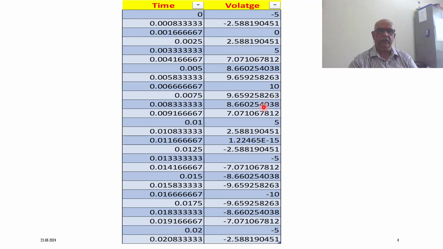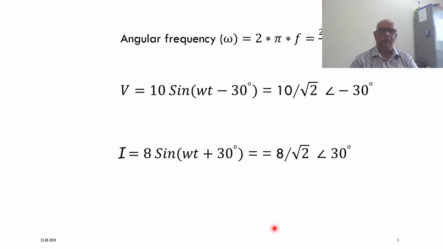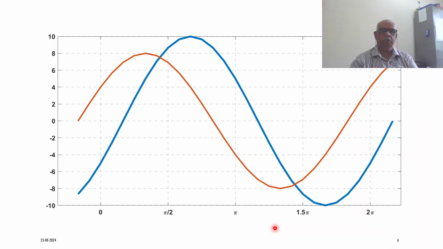And then from 10, we are not precisely seeing 0, but it has gone to a very small value, minus 1.22, and then subsequently it has gone negative. It goes on, here was a positive peak, there's a negative peak, and so on. So if I plot this, it is something like this.